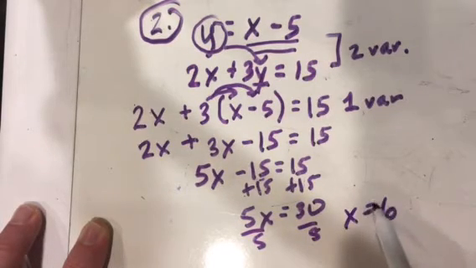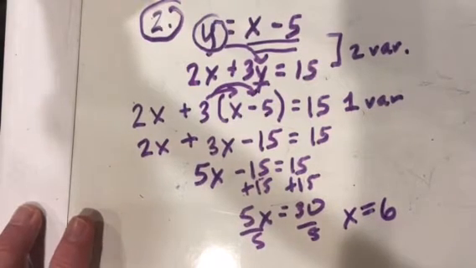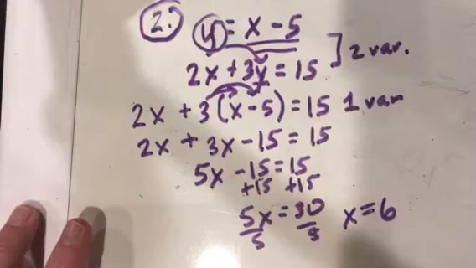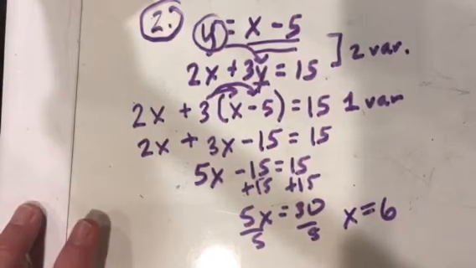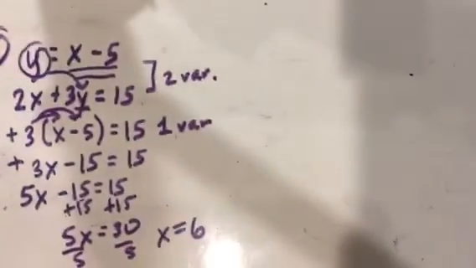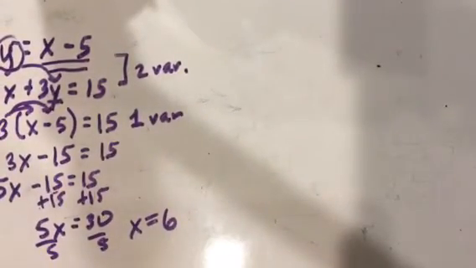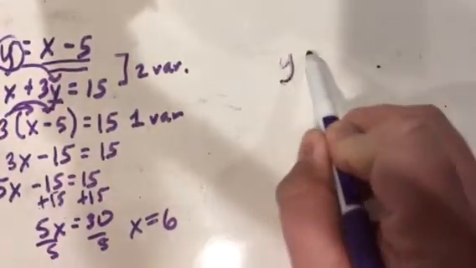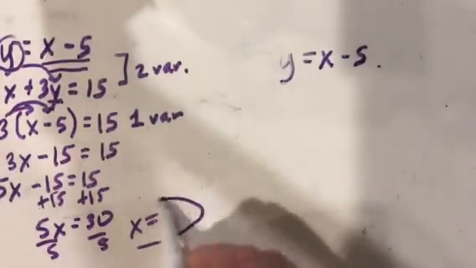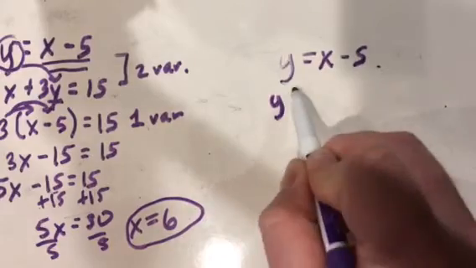Now that's only half your answer, because every one of these, if they have a solution that's a point, we got to find the x and the y. So come over here. The first equation said y equals x minus 5. I now know that x is 6.